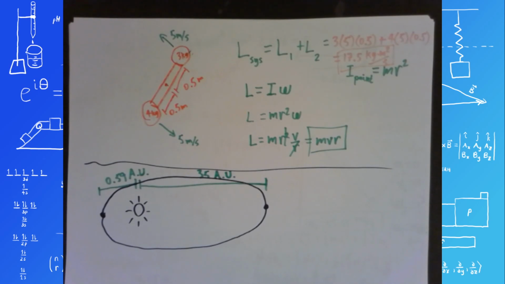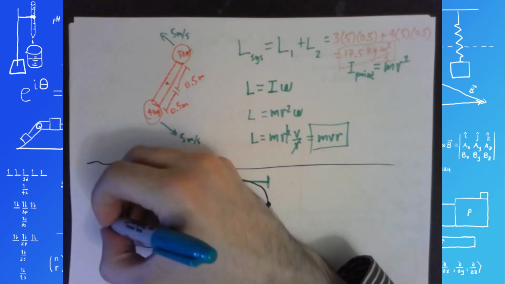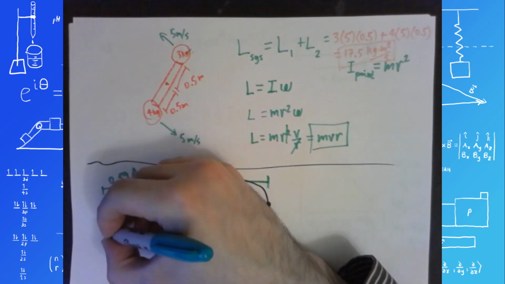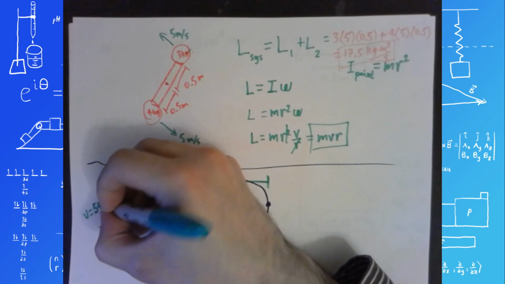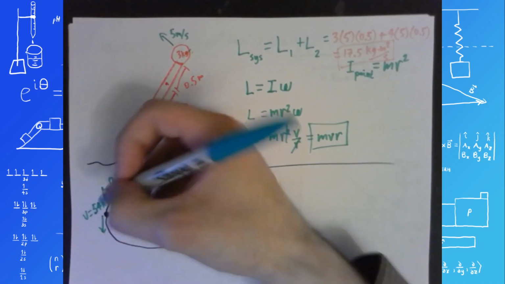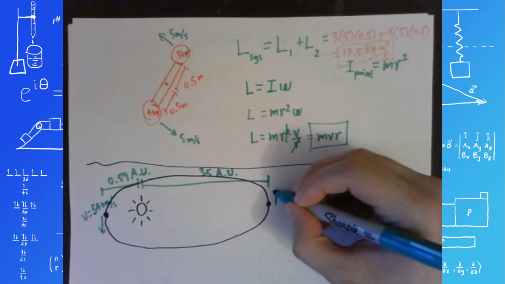If the comet's speed at closest approach is 54 kilometers per second, so when it's over here, if it is moving at v equals 54 kilometers per second, then how fast is it moving by the time it gets here?